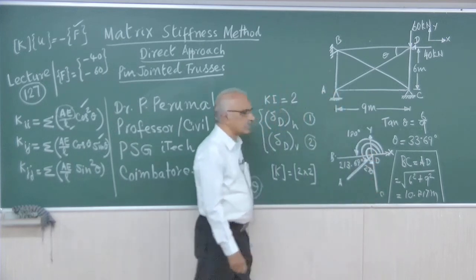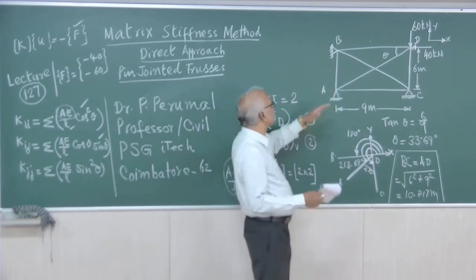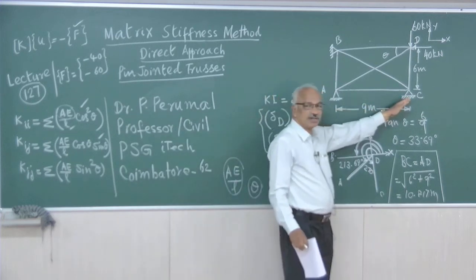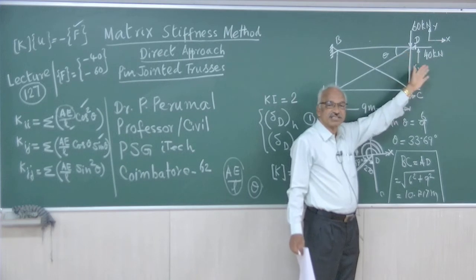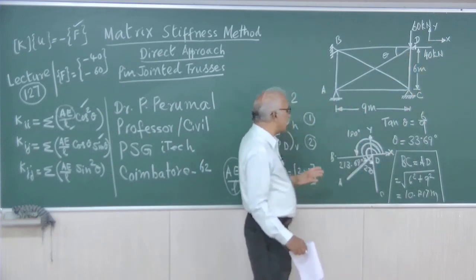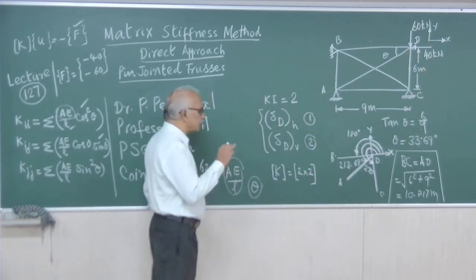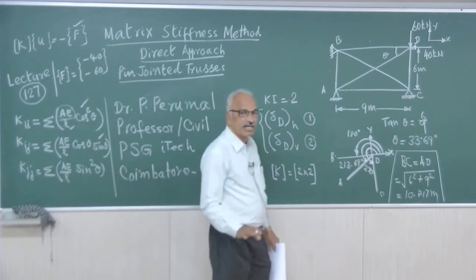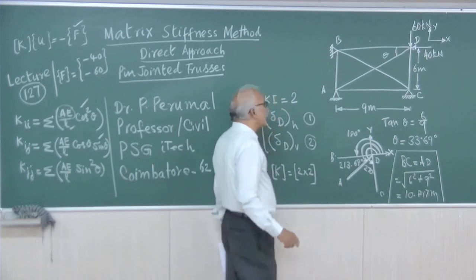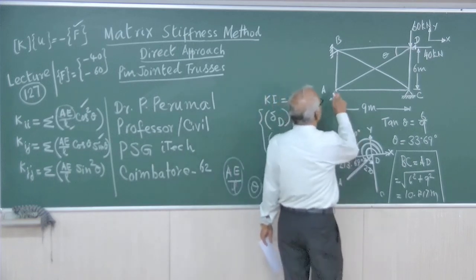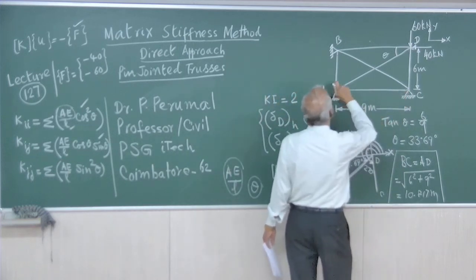Since these joints will not undergo any displacement, we have taken point D as the origin. So, from D we have measured the angles theta. These basic calculations are to be clearly understood. One more point, coming to the lengths of members, AC 9 meters, this is 6 meters.